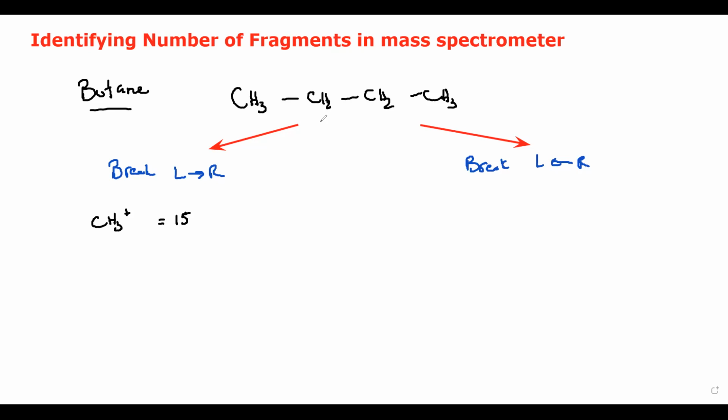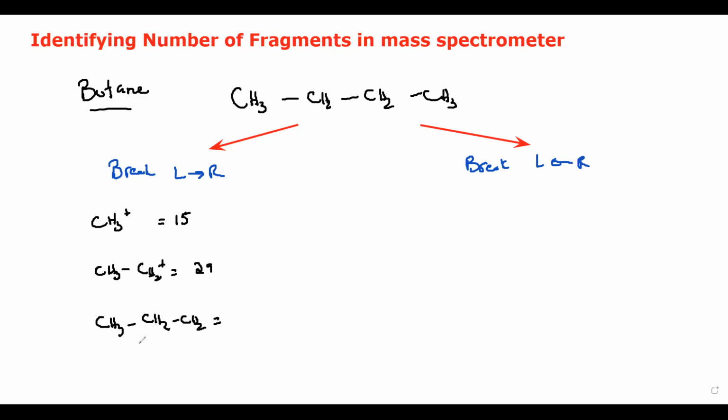Then you might have CH3 and CH2. So where will we get a peak? Two carbons, so 24, plus 5 hydrogen, so 24 plus 5, we'll get a peak at 29. You might get three carbons, CH3, CH2, CH2.